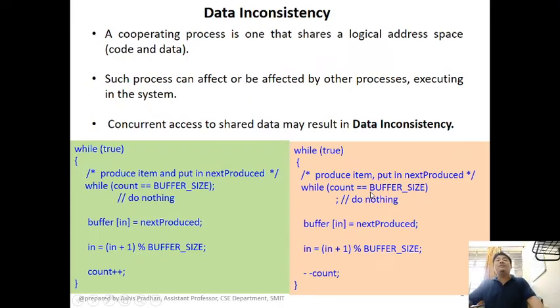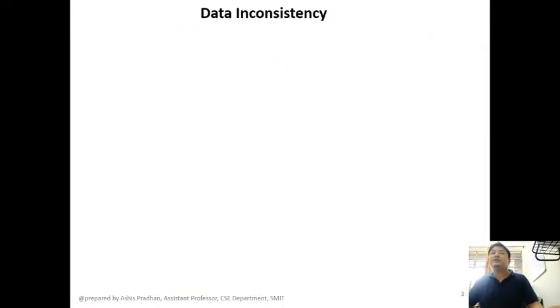So this is an example in a program where the shared variable is being modified by different functions or different code. I am assuming that this code is in one function and this code is in another function, and this count variable is being shared.